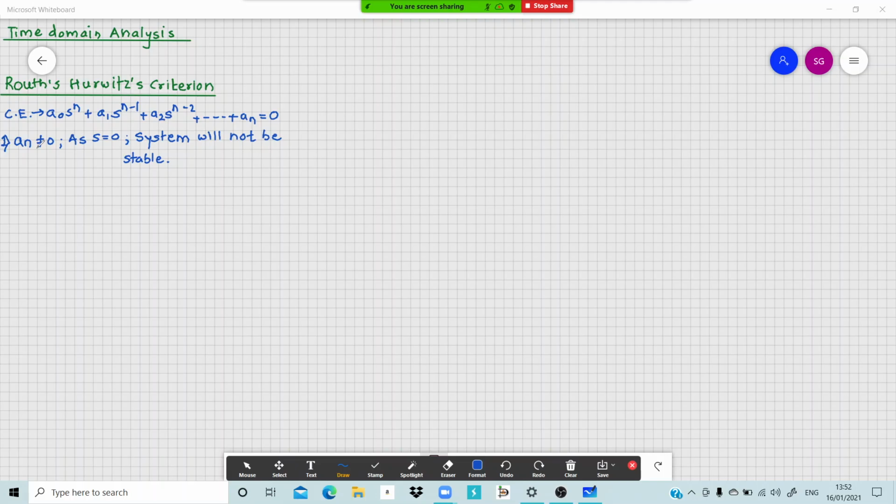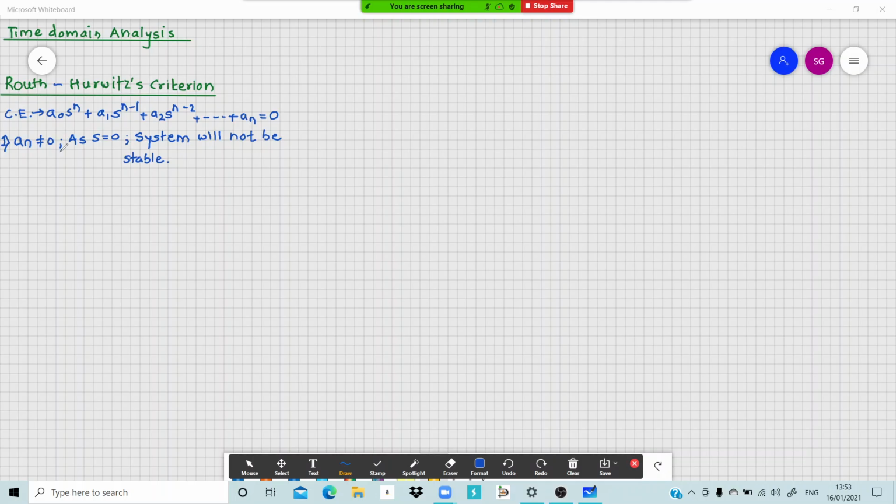So as soon as you have an equal to 0, you take out s common. Whatever remaining equation is there, you try to apply Routh-Hurwitz criteria for that, and try to see what is the placement of the other poles that you are having.